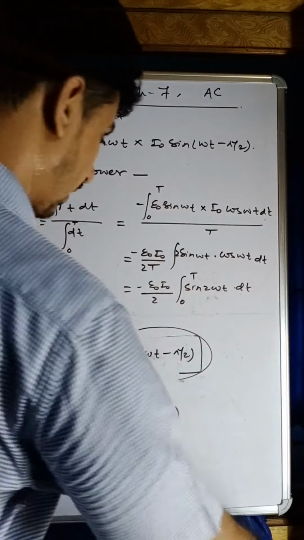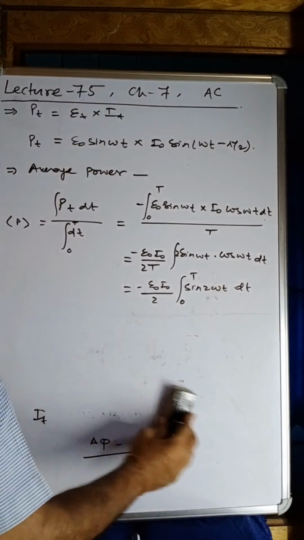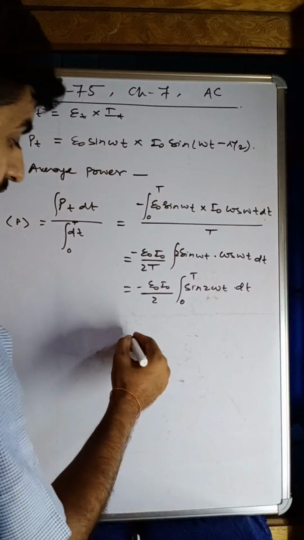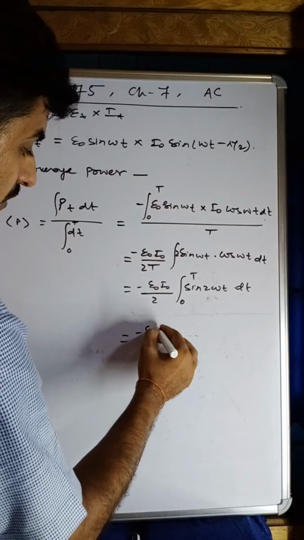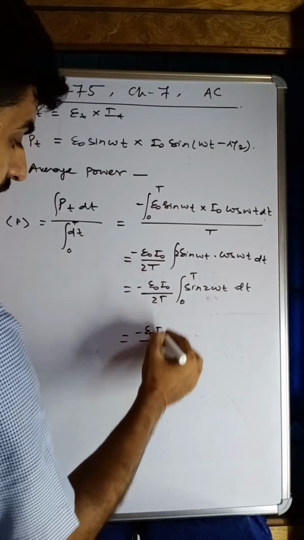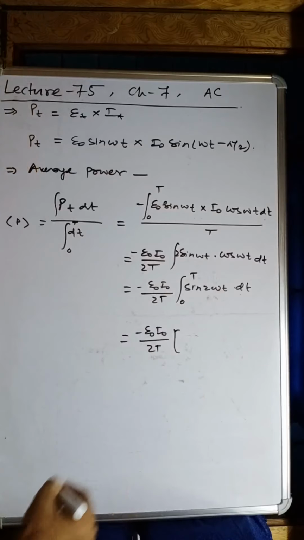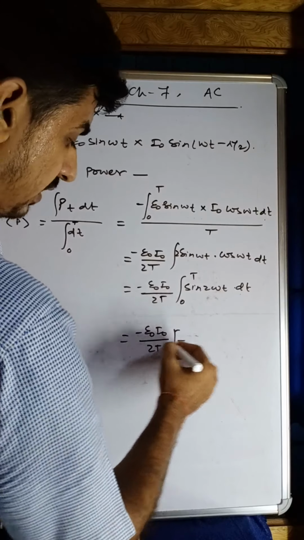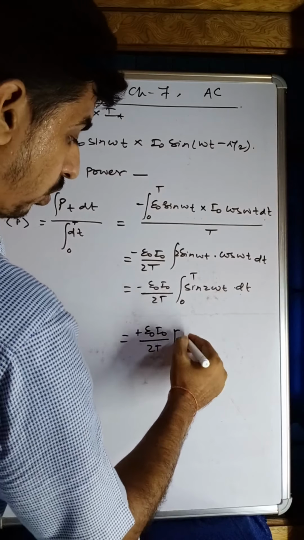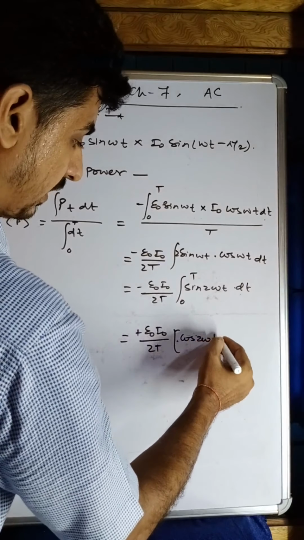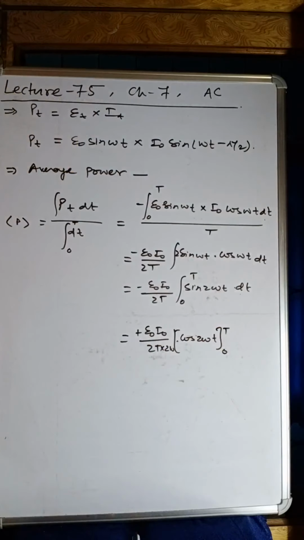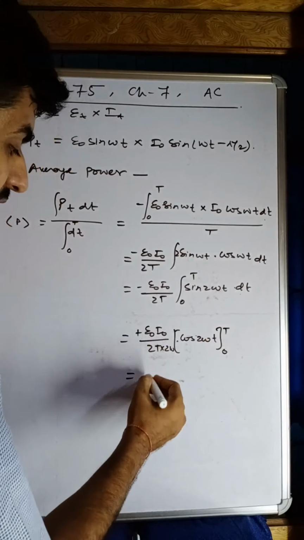Now try to think how this equation comes: 2 sin theta cos theta. Then minus E naught I naught by 2T times the integration of sin 2 omega t, which will be minus and minus plus cos 2 omega t divided by 2 omega from 0 to T. You will put the value and you will get 0.